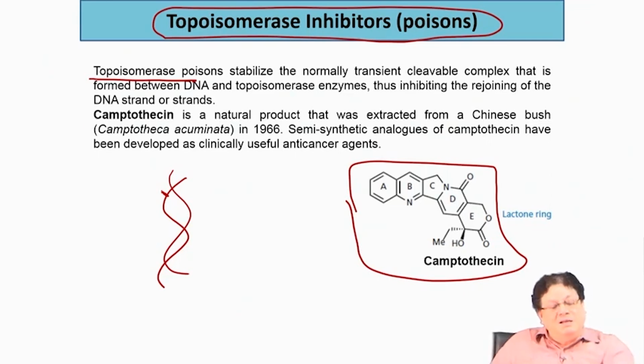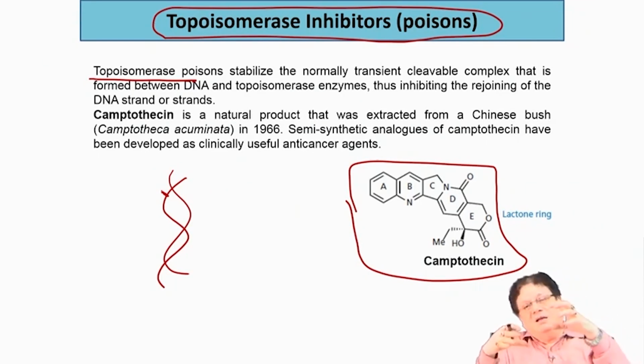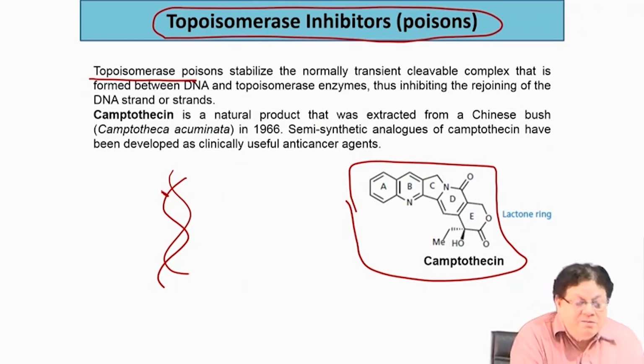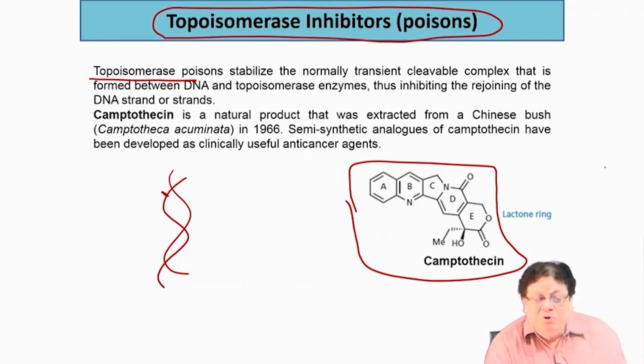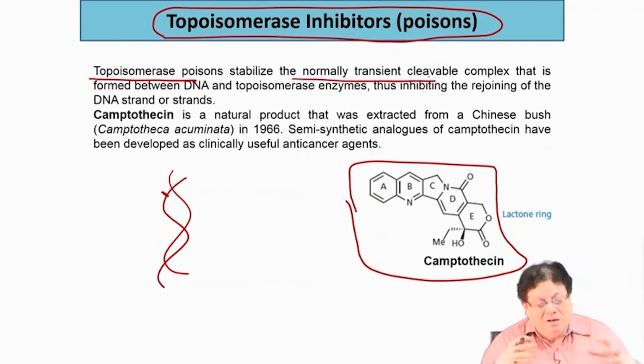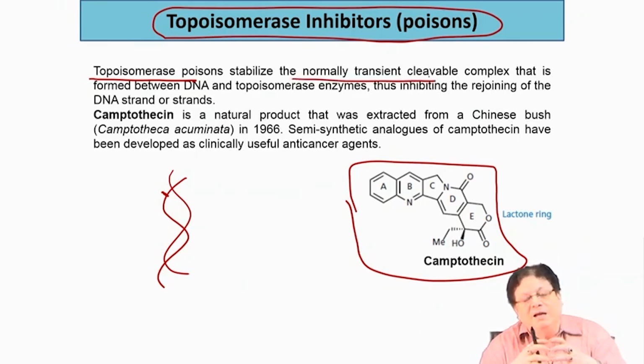Now, what happens in this case, topoisomerase forms the nick, and then this DNA part with the nick is stabilized by the topoisomerase. Now, what camptothecin does: usually that topoisomerase and nick DNA complex is very transitory.